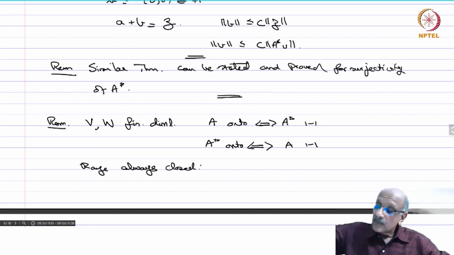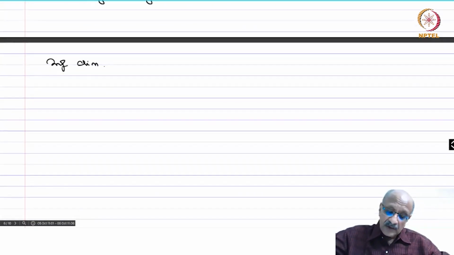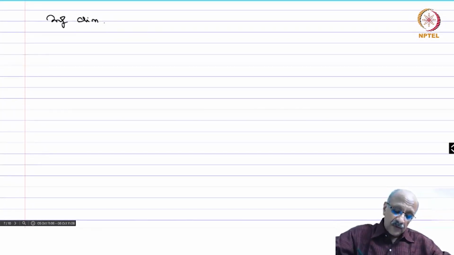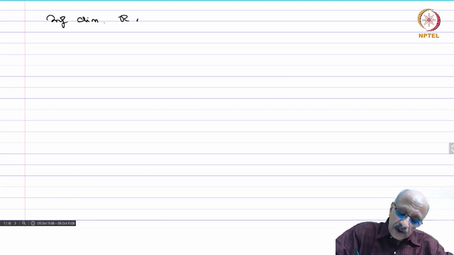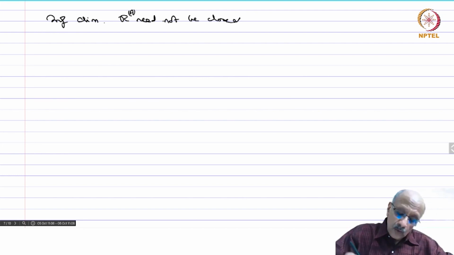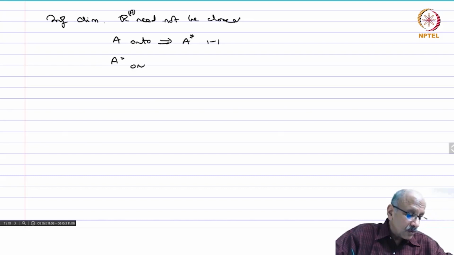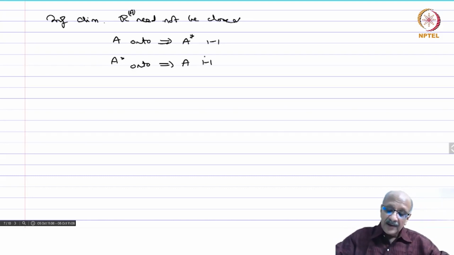That is why these theorems work, but in infinite dimensions the range need not be closed, the range of A say. So you can only say from the above theorem that A is onto implies A star is 1-1, and A star onto implies A is 1-1. You can't go back, unlike in the finite dimensional case.